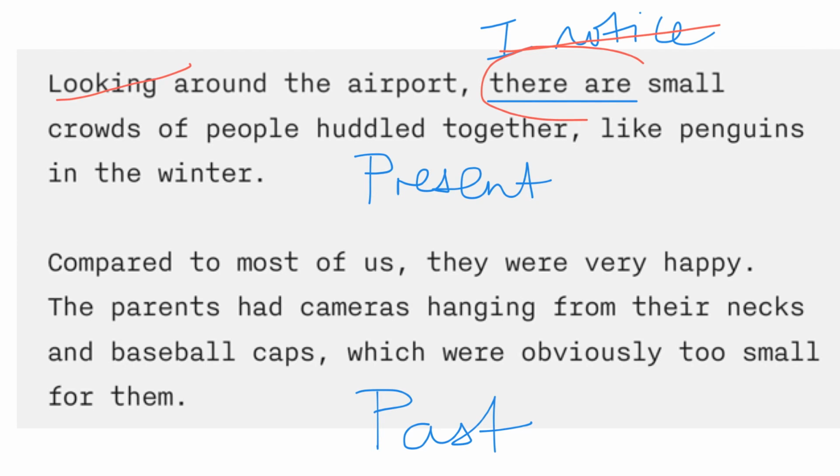"There are" is happening now, it's in the present, but in the next paragraph, "they were" is in the past. And this is very, very clumsy writing. In fact, it's wrong. So my first bit of advice is just don't write in the present at all unless you're brilliant at writing, because this will always happen. You will always be tempted to suddenly jump into the past tense.